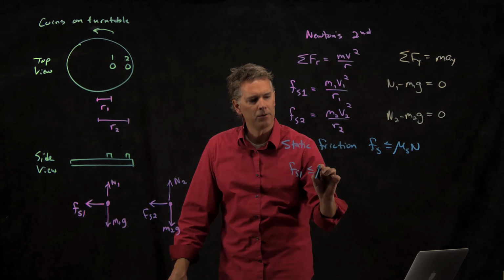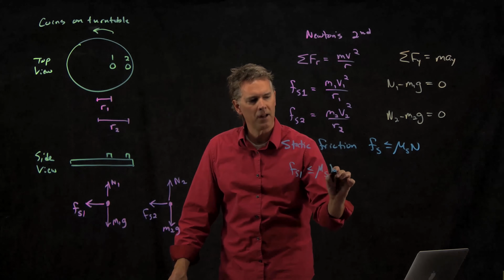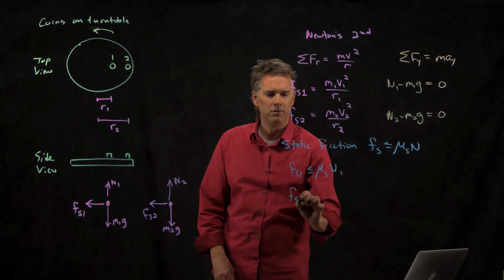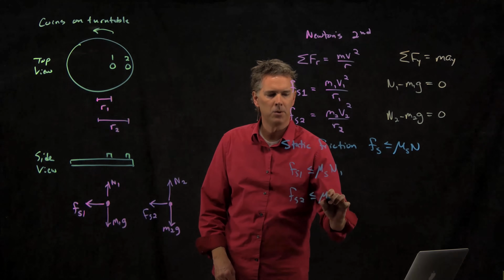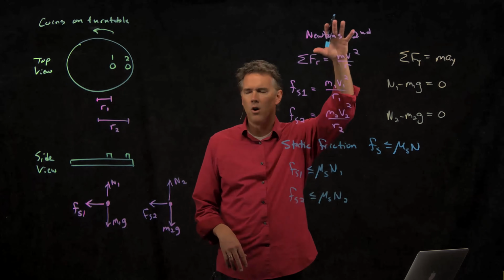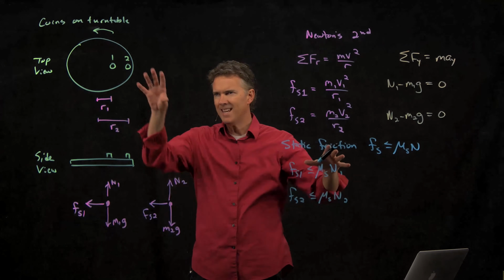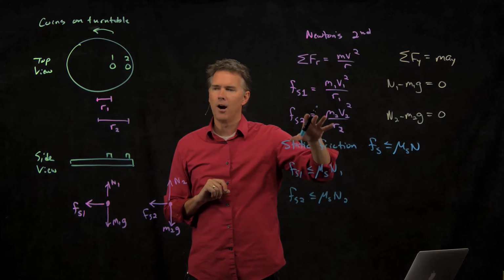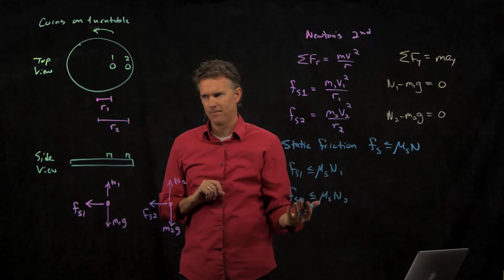It's less than or equal to mu s times N1. F sub S2 is less than or equal to mu s times N2. Okay, these are all the relationships that you need for this problem. This is everything that you need, and now you can solve it for whatever you want.